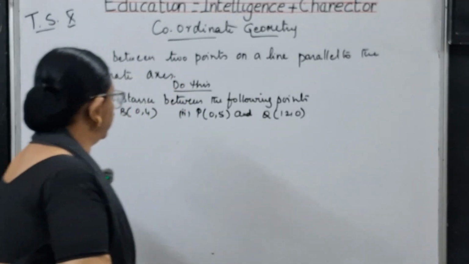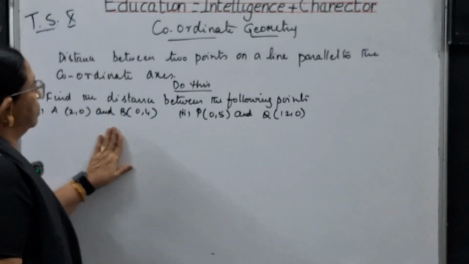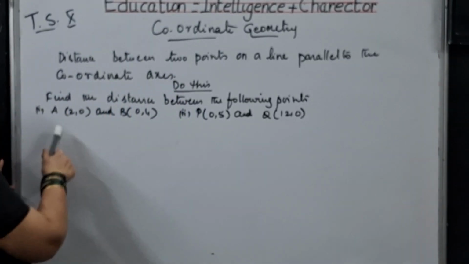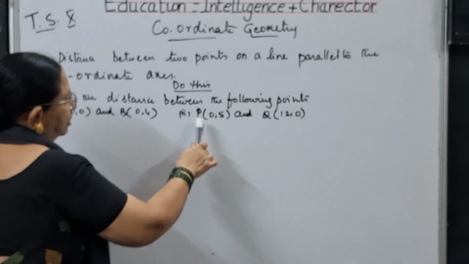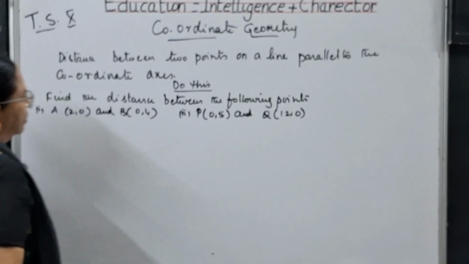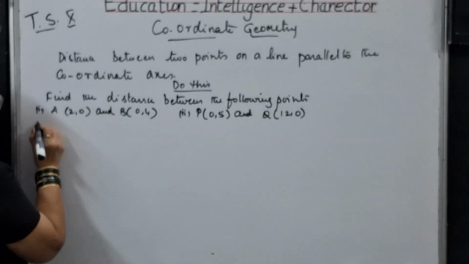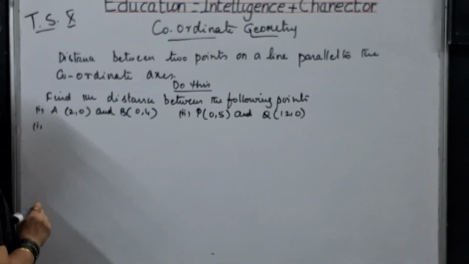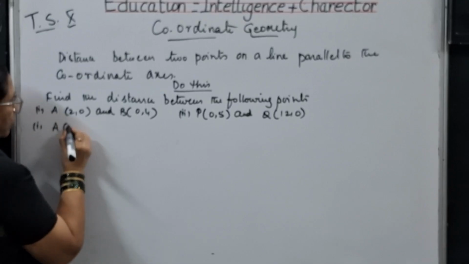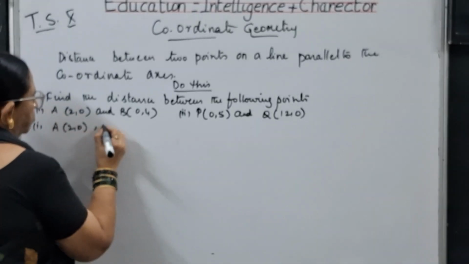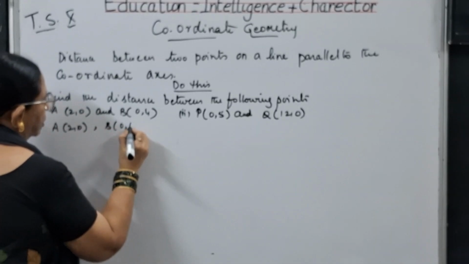In these sums, they are asking to find the distance between the points. First one is A(2, 0) and B(0, 4). Second one is P(0, 5) and Q(12, 0). So let us take the first problem. The first problem, coordinates A(2, 0), B(0, 4).